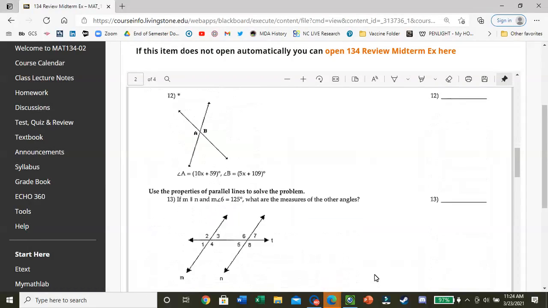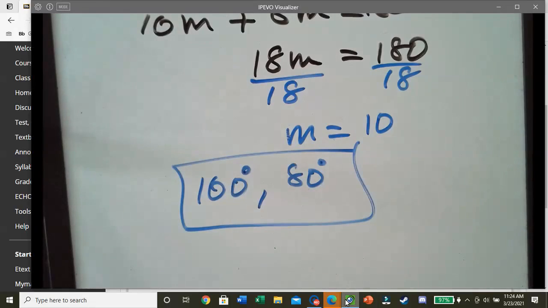All right. Number 12. Any questions with that? What kind of angles are those? They're like scissors, right?